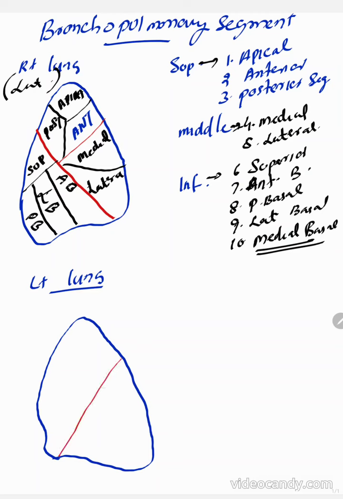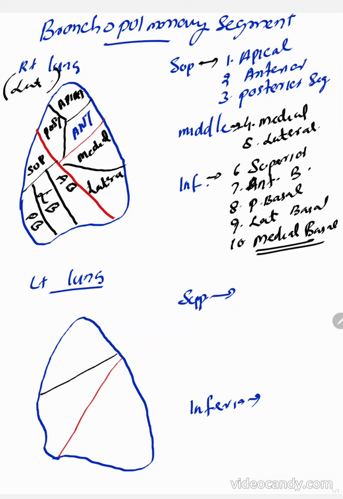What are they? Superior and inferior. Now let us draw the bronchopulmonary segments. If you see the superior part, just draw a line like this, and this upper portion is divided into 3, just like the right lung.